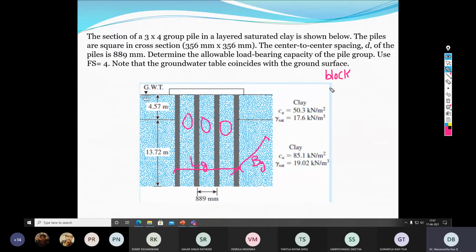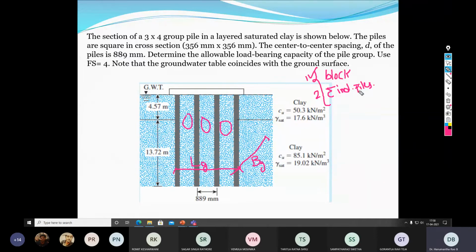Alternatively, the pile group capacity is nothing but the summation of the individual piles. So you need to check both these conditions, 1 and 2: as a block and as a summation of the individual piles. In the given problem, it is a clay soil, so you have to follow all the philosophy related to cohesive materials.